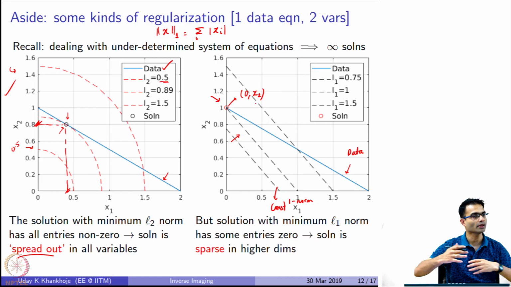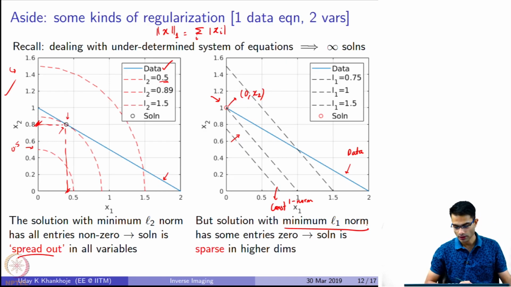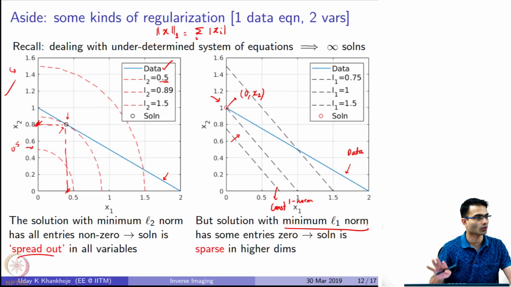So, my solution will be sparse. Putting a minimum L1 norm tends to promote a solution which has sparsity. So, this is very clear: when I said in the previous slide that imposing the 1 norm gives me a sparse solution, you know why it does, right, and that is just geometry.